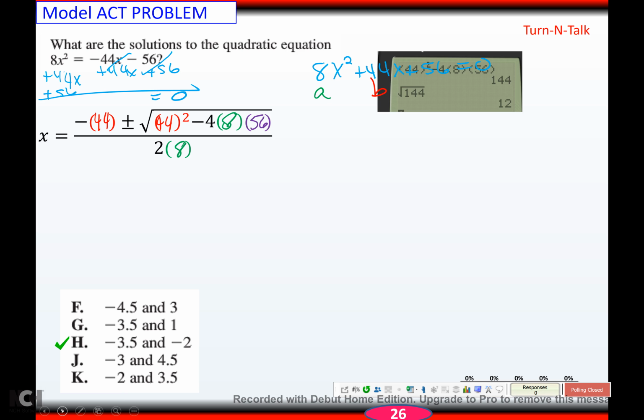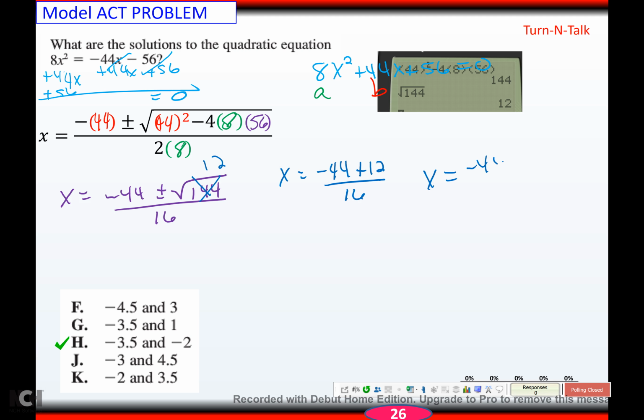Typing just what's underneath, I get 144. So I have x equals negative 44 plus or minus the square root of 144 all over 16. The square root of 144 is 12. So I have x equals negative 44 plus 12 over 16, and x equals negative 44 minus 12 over 16.